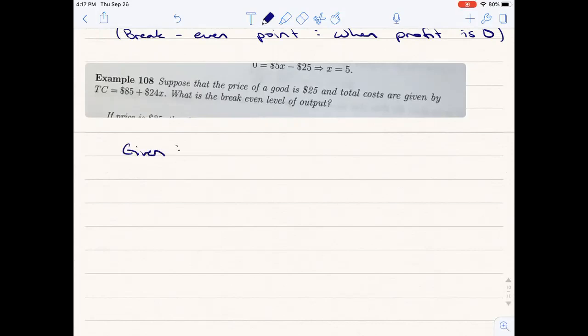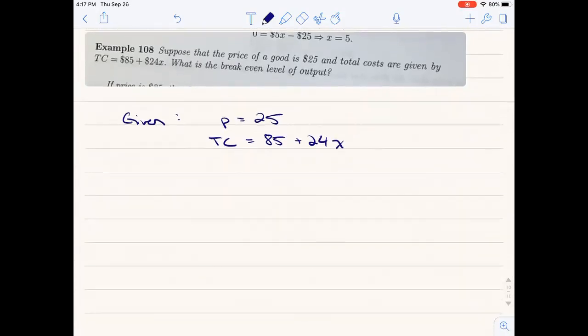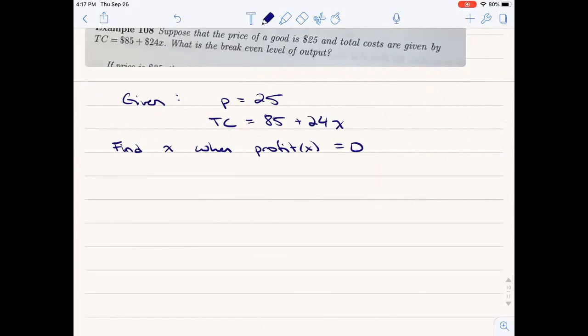We're given that P is 25 and the total cost is 85 plus 24x. Find X when the profit of X is 0. This is what we mean by the break-even level of output.